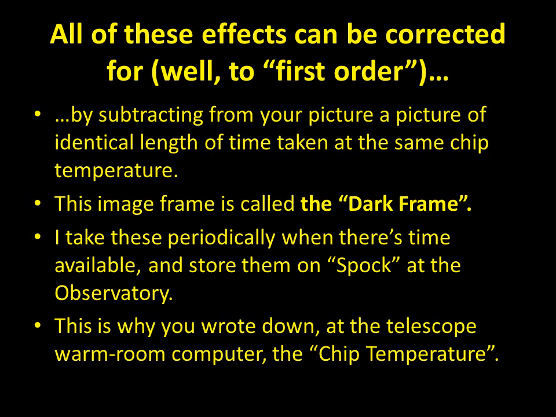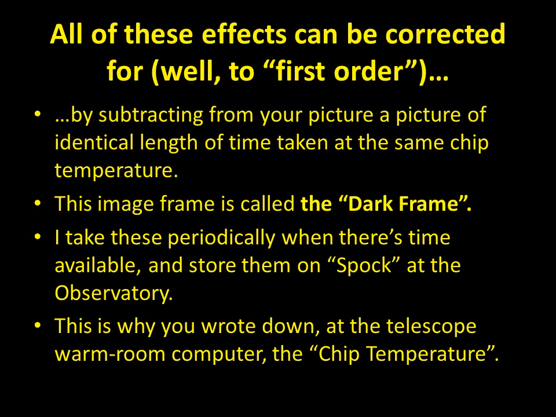In order to do the dark subtraction, you need to know the chip temperature because it's quite sensitive to it. If you cool the chip by an additional 5 degrees centigrade, you cut the thermal noise not by just a little, but in half. So it's important to know what temperature we controlled the chip at.